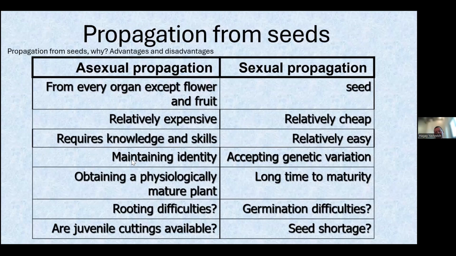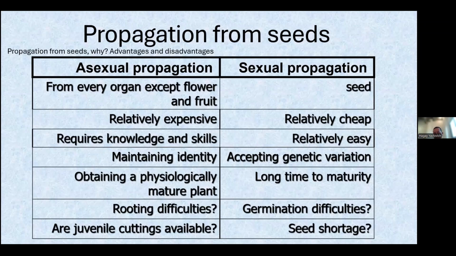And as I said before, all the offspring are the same genetically. Of course there are also rooting difficulties from time to time. Most of the time you look for the juvenile part of the tree to make the rooting, and in some trees you don't have the juvenile part to make the cutting.